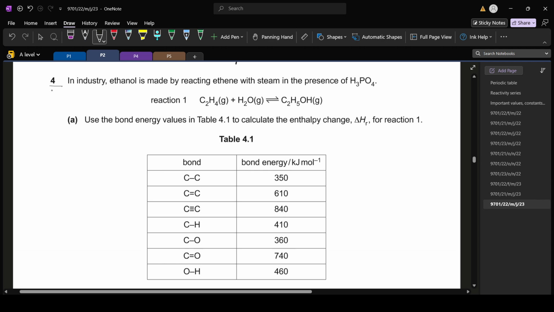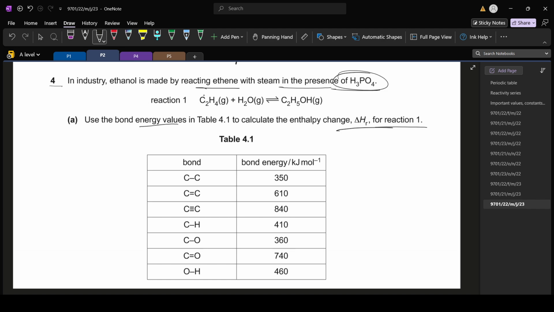Now moving towards question number 4. In industry, ethanol is made by reacting ethene with steam in the presence of phosphoric acid. Use the bond energy values in table 4.1 to calculate the energy change for reaction 1.